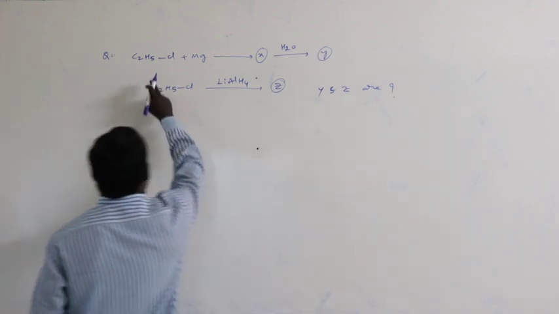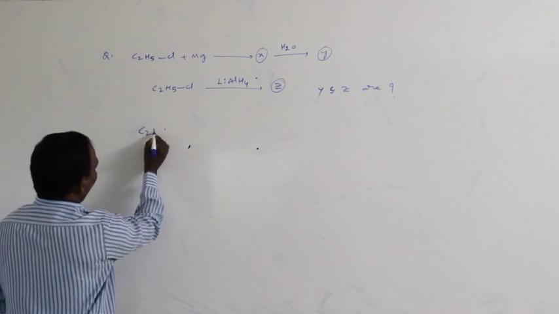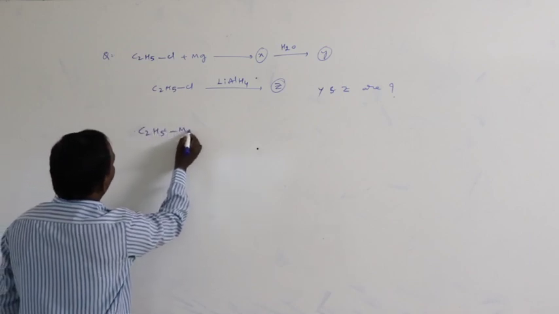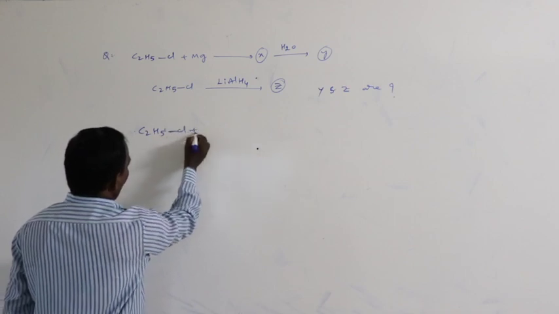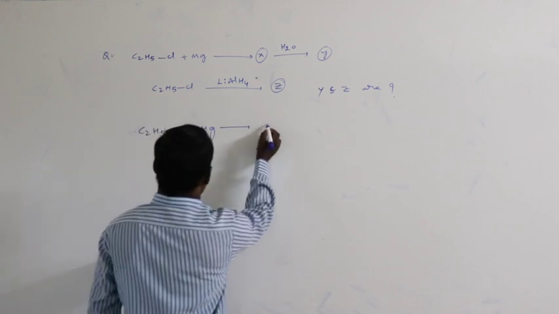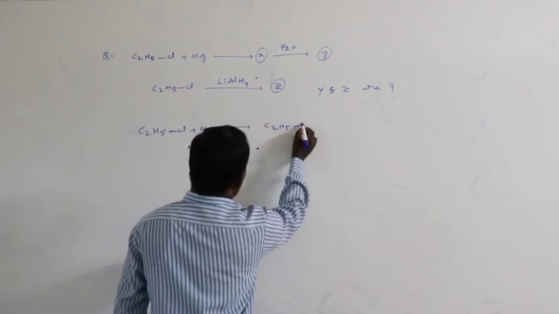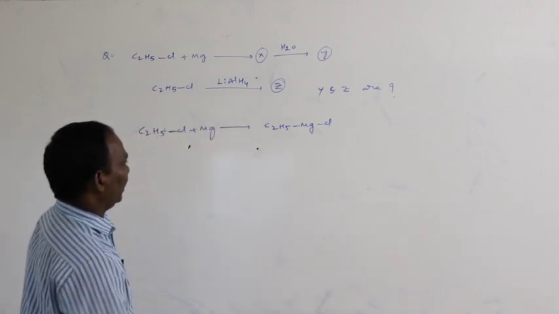So first solution, C2H5Cl plus Mg, formation of Grignard reagent. C2H5Cl plus magnesium gives rise to C2H5MgCl, ethyl magnesium chloride.